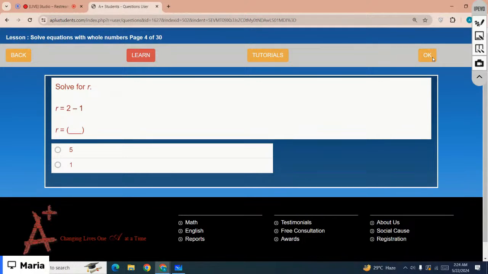Solve for r, which is the correct option? The correct option is, yes, 2 take away 1 is 1. The correct option is 1.